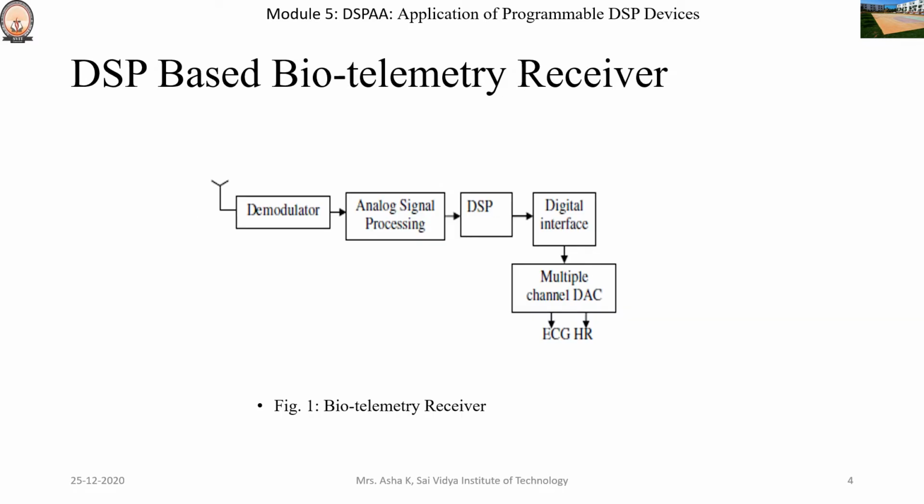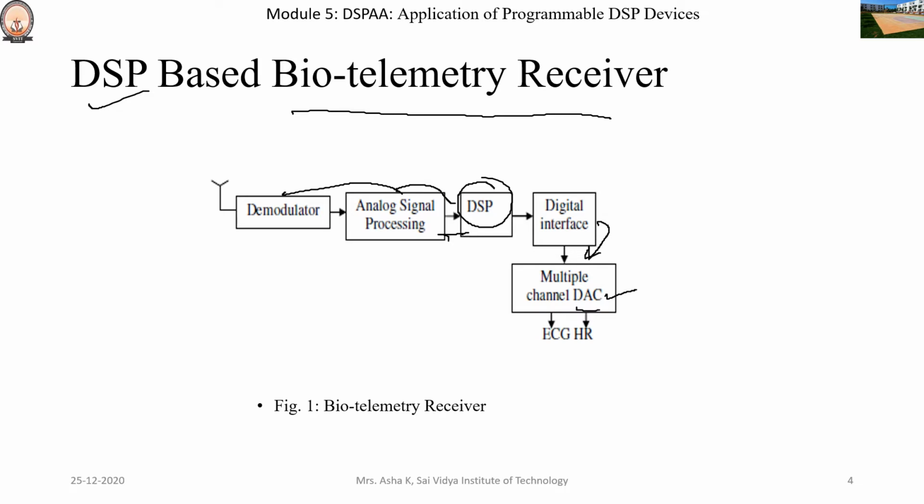The block diagram of the DSP-based biotelemetry receiver is shown in the figure. The digital signal processor receives the information obtained from the demodulator and analog processing of the data, and after obtaining this information, it processes the data digitally. Through the digital interface, the data is passed to the multi-channel digital to analog converter.